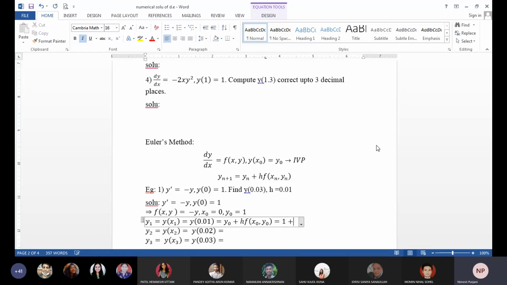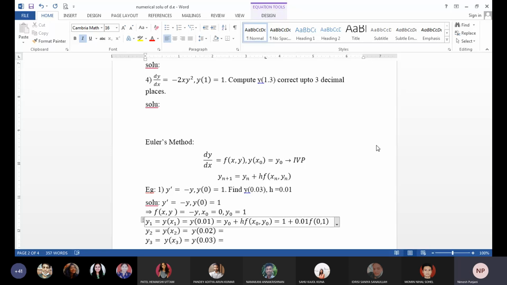The value of y0 is 1, the value of h is 0.1. Sorry, the value of h is 0.01. f of x0 comma y0: x0 is 0, y0 is 1.